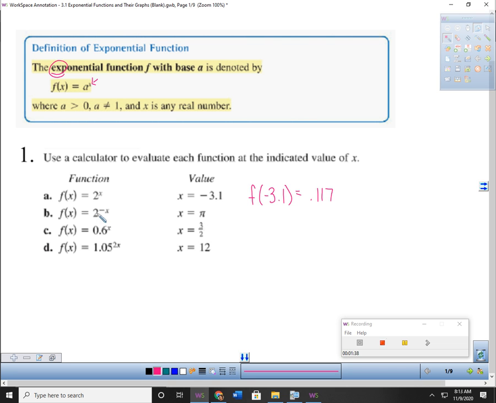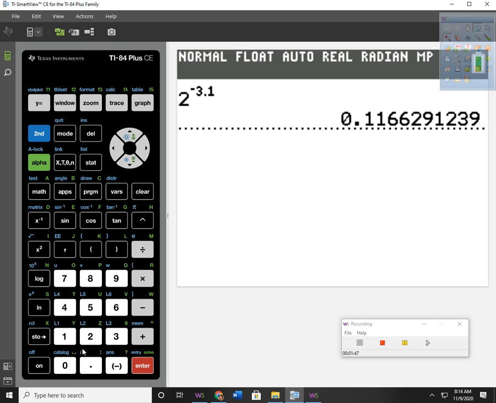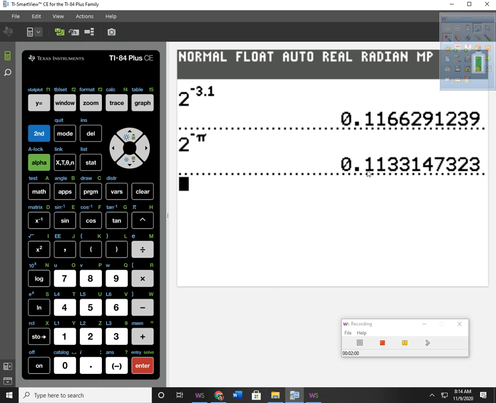Or pi. So this would be 2 to the negative pi. So I have 2. Remember the caret right here is where you raise it to the negative, and then your pi symbol is right here above the caret. So second caret, enter, and we get 0.113.